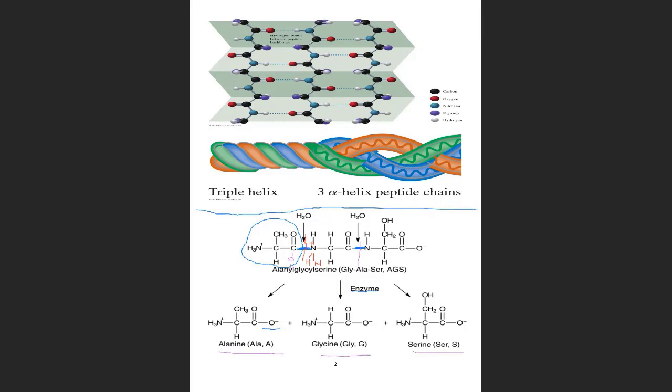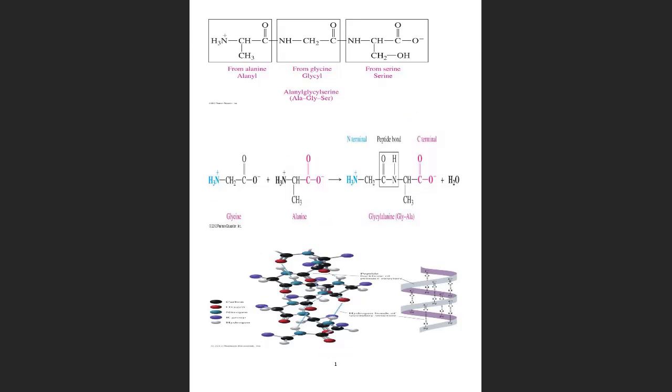Let me share here another drawing. Look at the drawing on the bottom. This is a protein. We say that a protein forms when 50 or more amino acids are connected together.